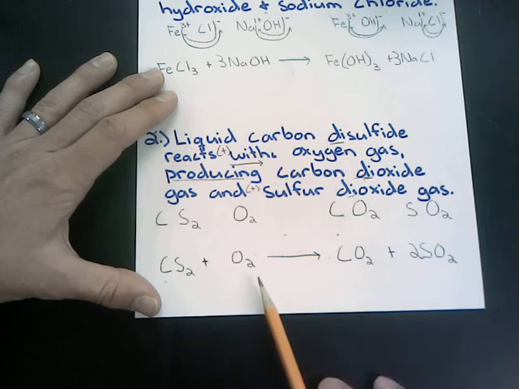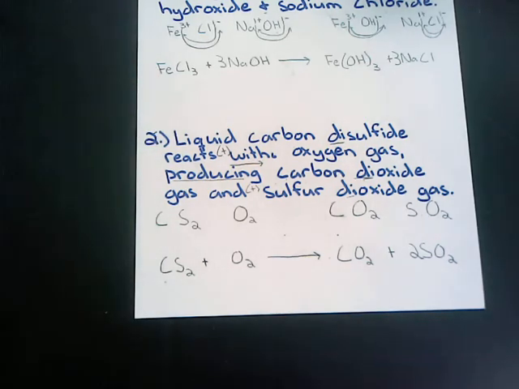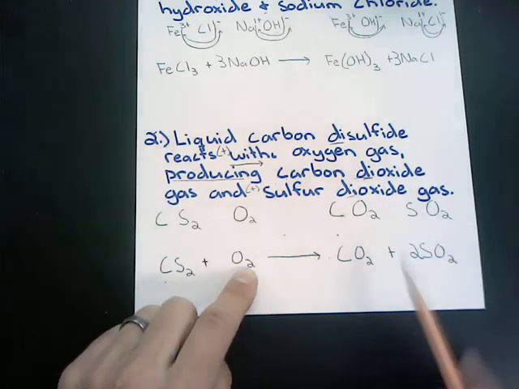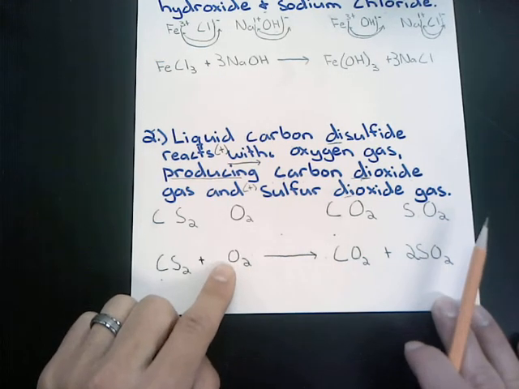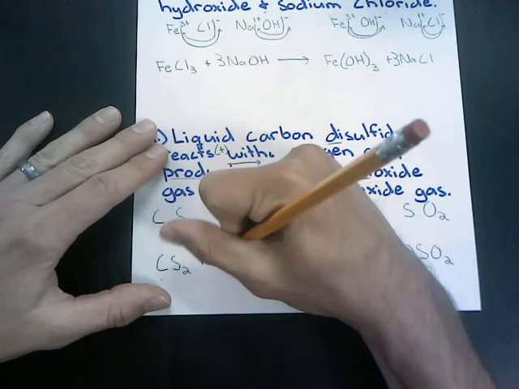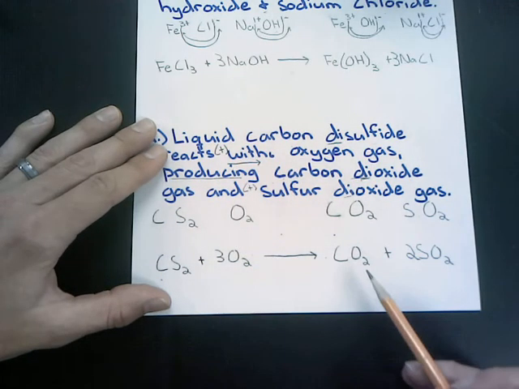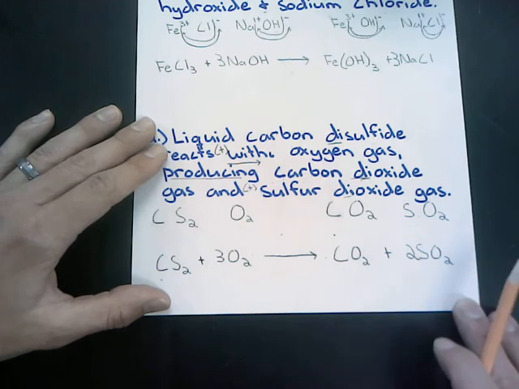Now, I only have 2 oxygens on that left-hand side, so we have to think, what times 2 would get us equal to a total of 6? And the answer, to put that out in front, the coefficient, is 3. So I have to take 3 times 2 to get 6 oxygens, and that is equal to that 2 plus 4 oxygens.